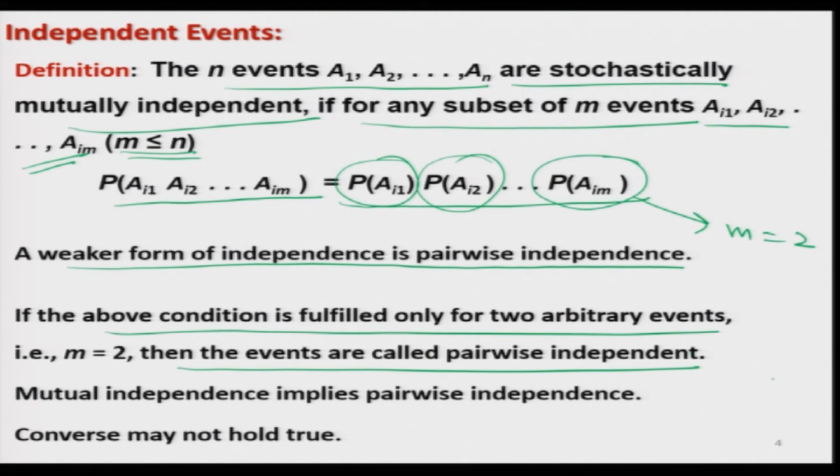Surely, mutual independence implies pairwise independence, but not vice versa. The converse may not always hold true. So you have to be very careful, and that is the result you always have to keep in mind whenever you deal with independent events.